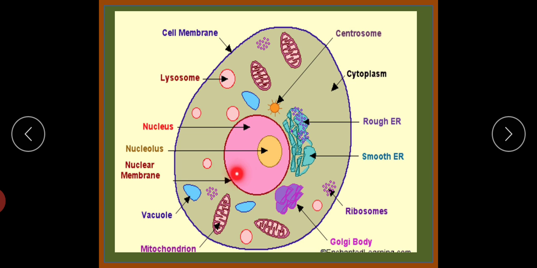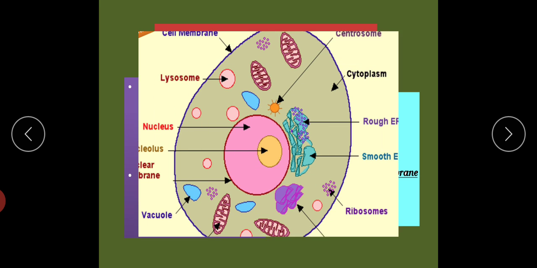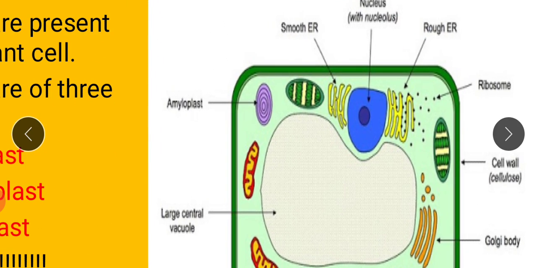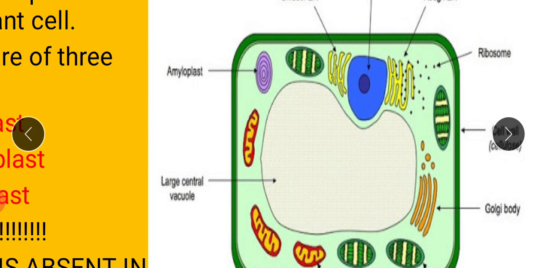See here, in the animal cell it is a centrally located structure, whereas in the plant cell it is pushed towards the side. See here, this is the nucleus in the plant cell, where you can see it is near the cell wall, near the boundary of the cell. Okay.